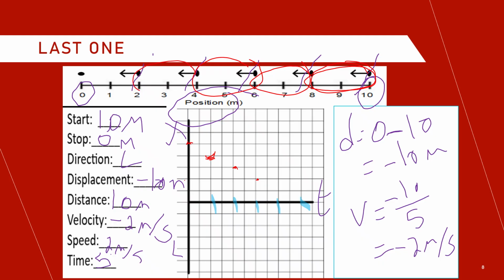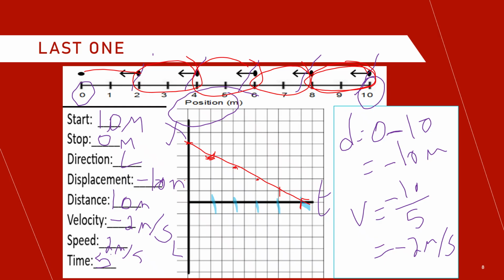And then in the fourth second, we went from 4 to 2. And then in the last second, we went back to 0. Connecting these, this is what this would look like. Again, this is pretty much straightforward.